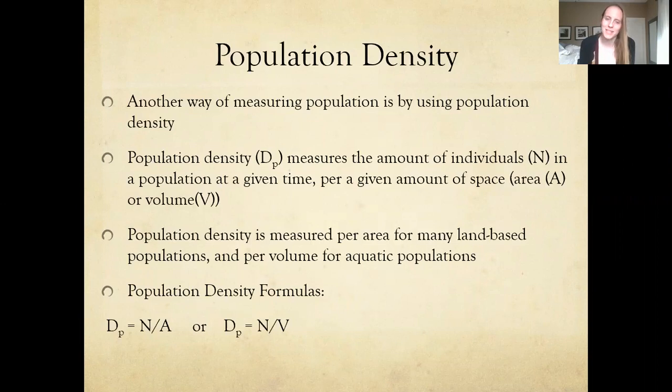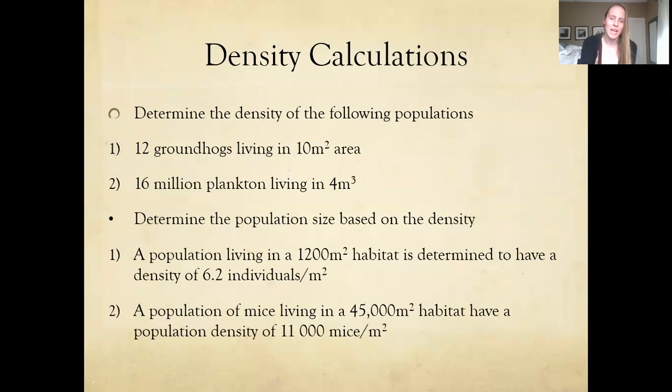And we measure space in either area or volume, usually area for anything that lives on the land, and then volume for aquatic populations. So the formulas are at the bottom there. Density is equal to the number of individuals divided by the area, or the number of individuals divided by the volume. So let's do a couple quick calculations of that sort of thing.